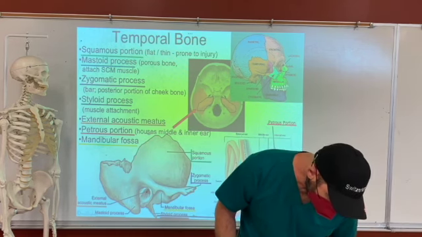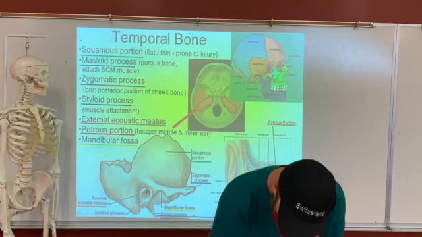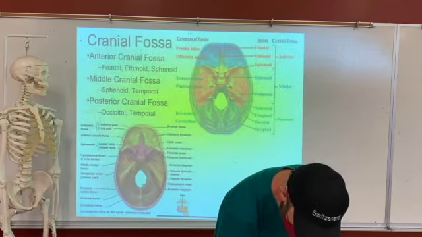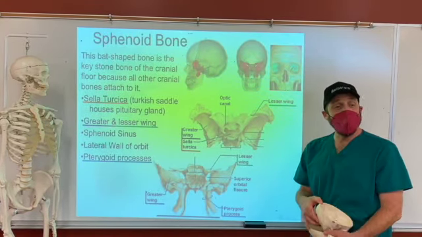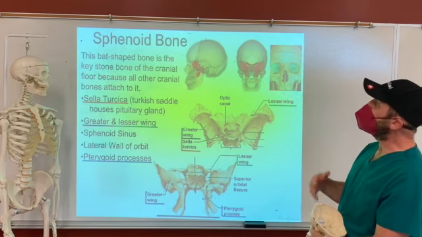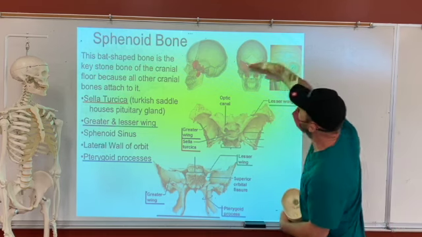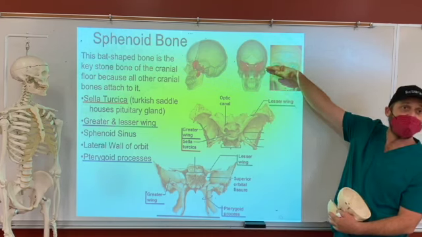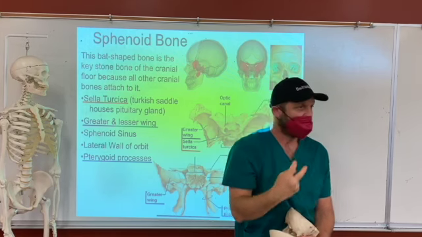Cool stuff. And from there, now we get to the really complicated ones. Now we get to the sphenoid bone. The sphenoid bone is one you don't really see much from the outside. It's a bone that goes across the skull. It pierces right through it, behind the eyeballs.